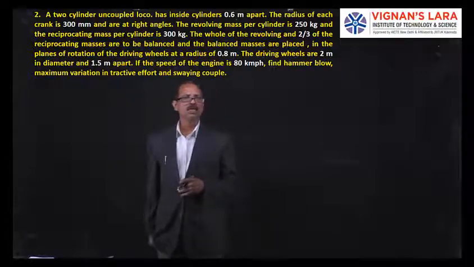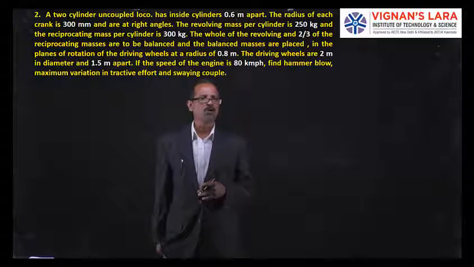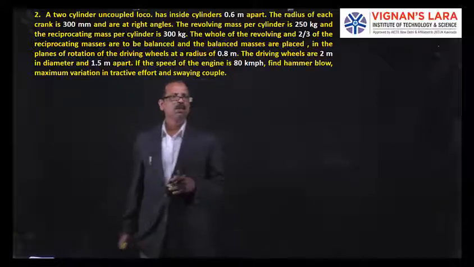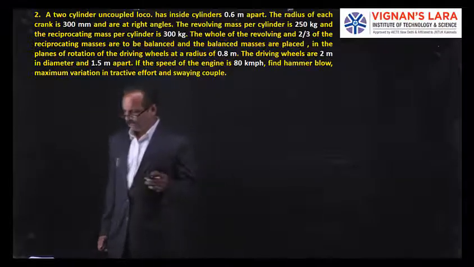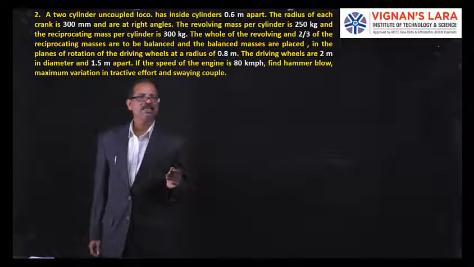So this is a locomotive problem, that is, an uncoupled locomotive, inside cylinder type engine problem. Let us first draw the diagram for the given data. The cylinders are inside cylinders.